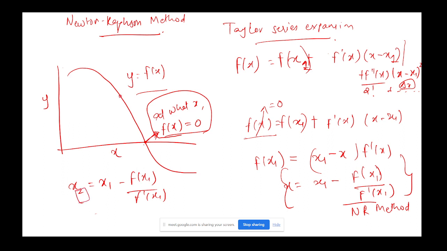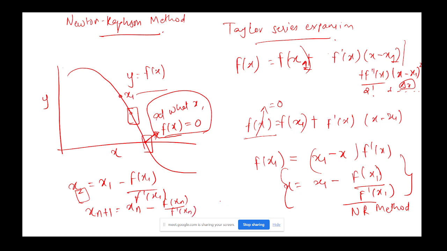Say for example, this is x1. So you move this side and you find a new x such that you are closer to the root. So this is an iterative method: xn plus 1 equals xn minus f of xn upon f dash xn.